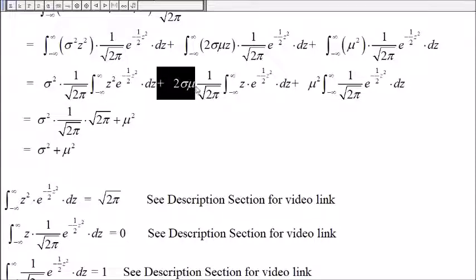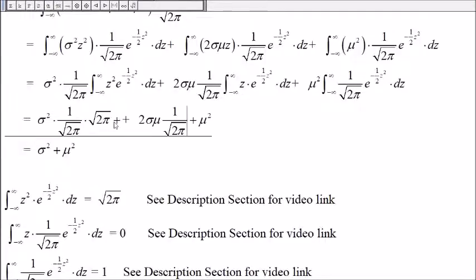In the middle here, we have 0, because the integral of z times e to the negative 1/2 z squared is 0. And this last integral is 1. And so we end up with sigma squared plus mu squared.